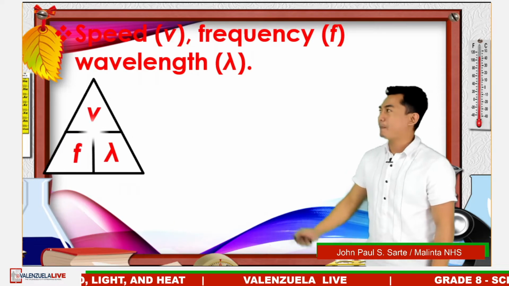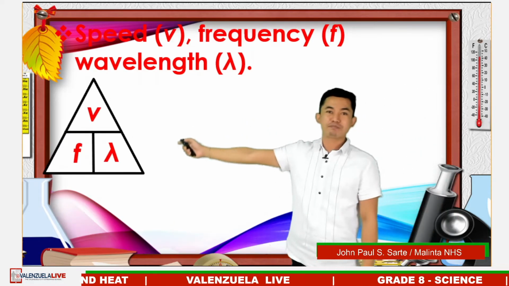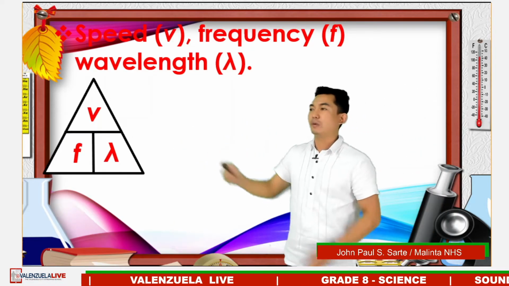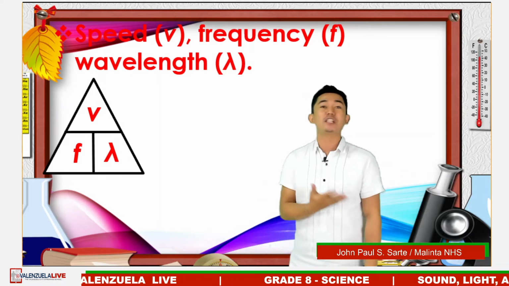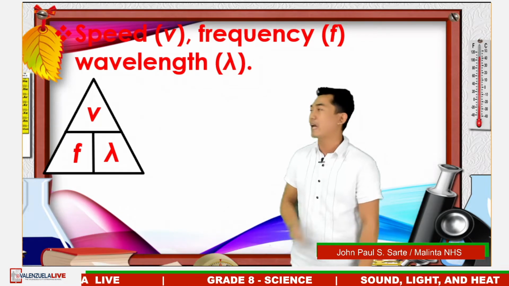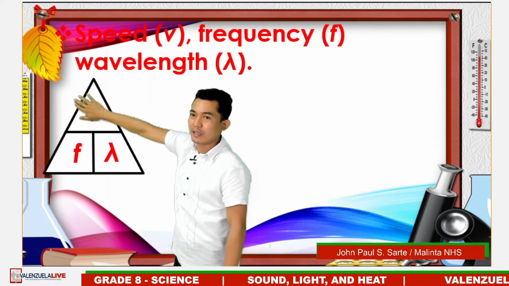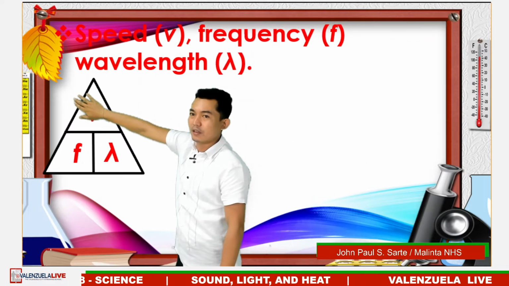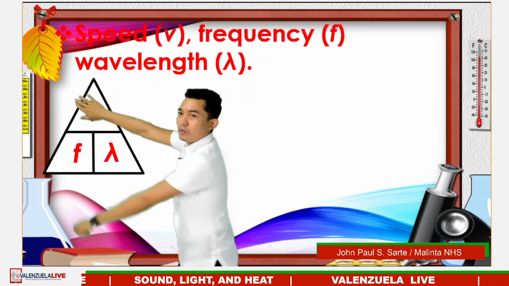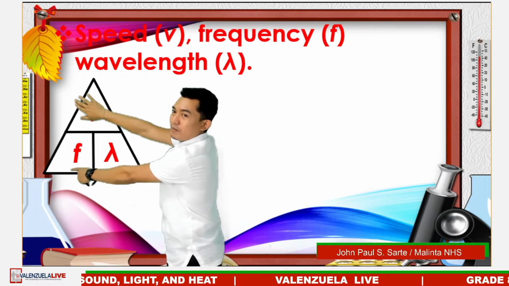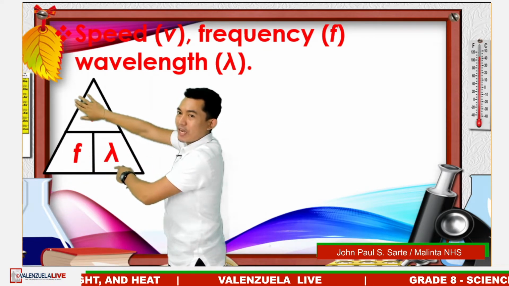I prepared here a triangle. Let us discuss first, if speed is missing, sir, what should be the formula? If the speed is missing, the formula would be small v is equal to frequency multiplied by lambda.